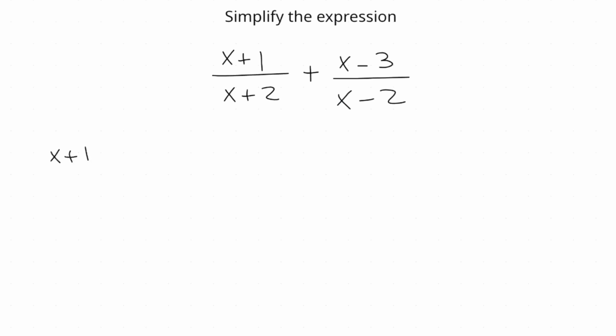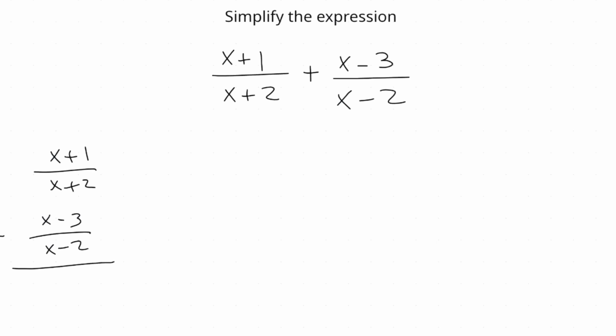x plus 1 over x plus 2, plus x minus 3 over x minus 2. Now, these don't have common denominators. This has x plus 2 as the denominator, this has x minus 2 as the denominator.